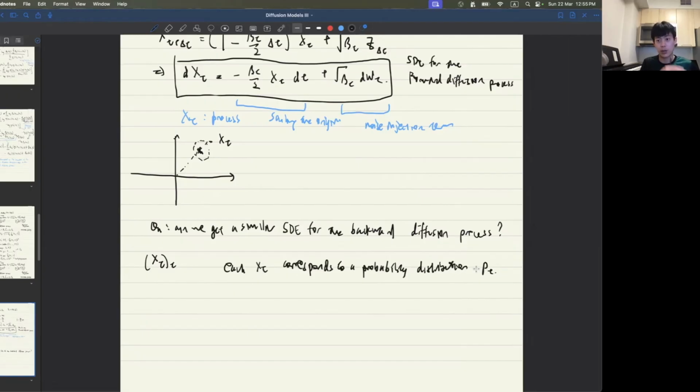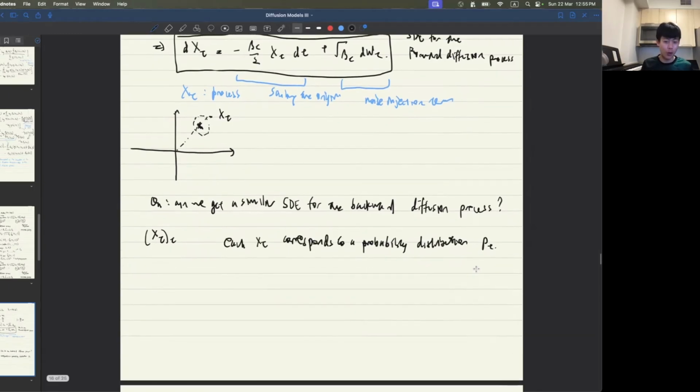Because x_t is a stochastic process, we should have an idea of how p_t evolves across time. And if we can understand how p_t evolves across time, we can get out how p_t evolves if time was passing backwards. And from that, we can get the backwards stochastic differential equation. So that is going to be our goal. Let me just write out the plan over here. So from x_t, we should be able to get how p_t evolves across time, right? The probability distribution for each of the x.